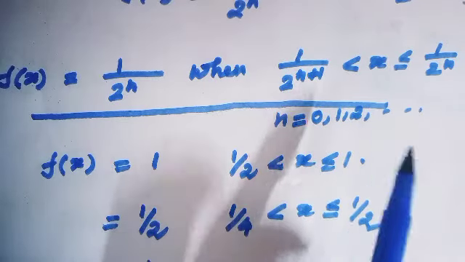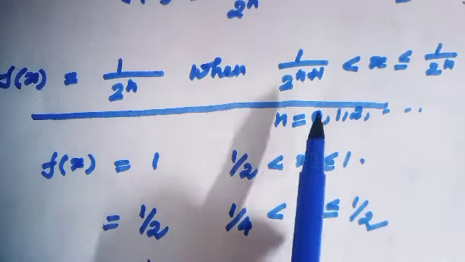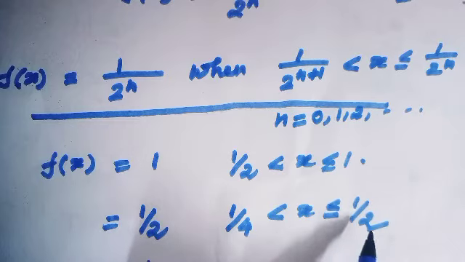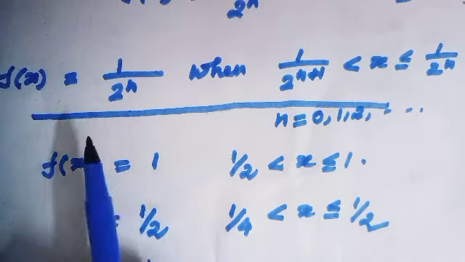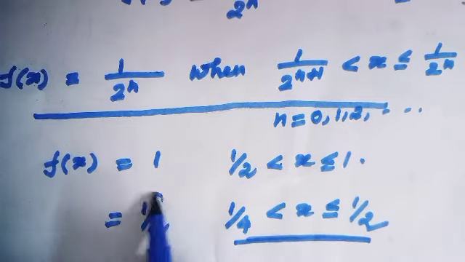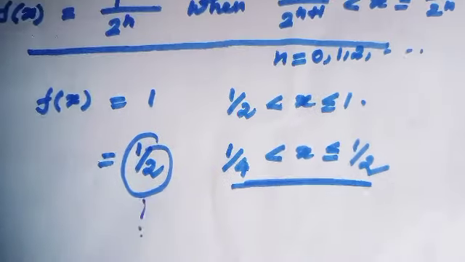And when n equals 1, then this interval would be 1 over 4 less than x less than or equal to 1 over 2, and by the defined function for this interval f(x) would be half, and this continues.